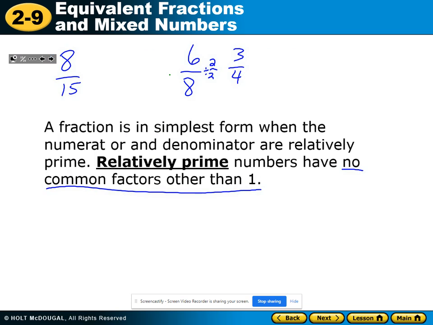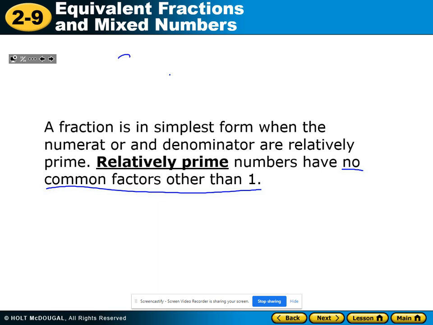All right. Now, a fraction is in simplest form when the numerator and denominator are relatively prime. Relatively prime numbers have no common factors other than 1.